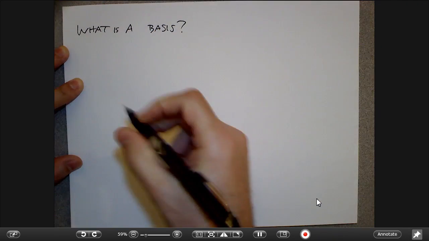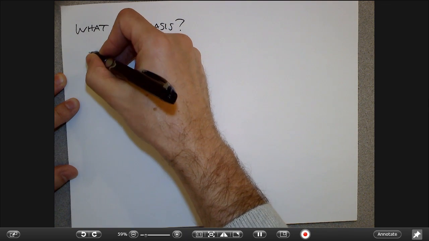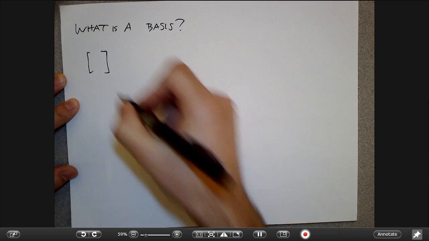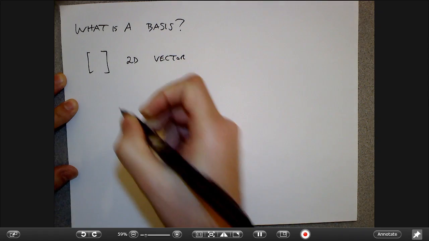A basis is just a means of representing a signal, either a continuous time signal or a discrete time signal. So, for example, suppose that I have a 2D vector. There are a bunch of different ways that I could represent that 2D vector, right?